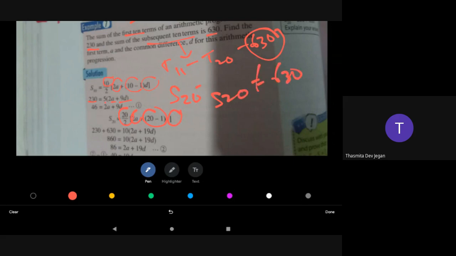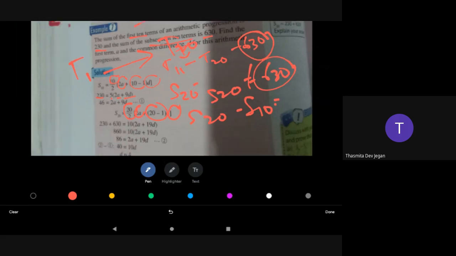To find the subsequent one, this 630 is S20 minus S10, because S20 is T1 until T20. So we will do this: 230 plus 630 is equal to 10 times (2a plus 19d).